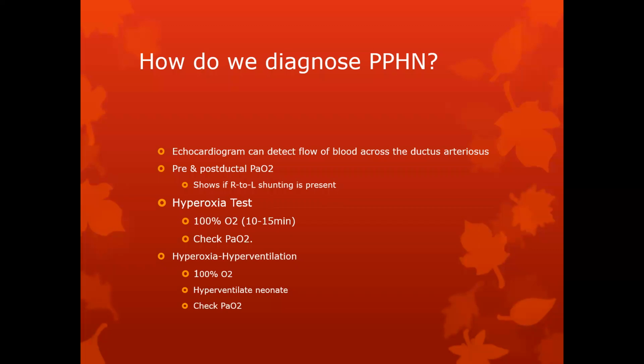So if you hyperventilate, hyperoxygenate, and then the postductal oxygenation improves, that's how you diagnose PPHN.